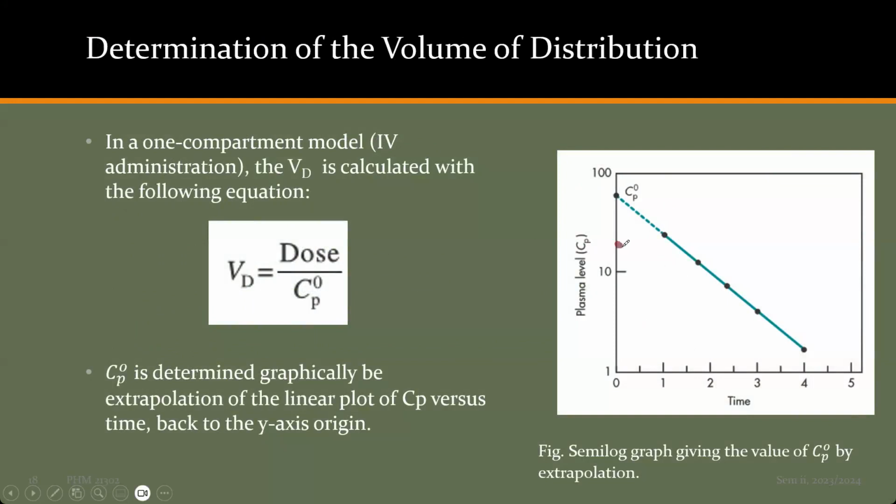If you give a smaller dose, then the concentration will be smaller, then the area under the curve will be smaller, right? So in this case, you will have a lower AUC.